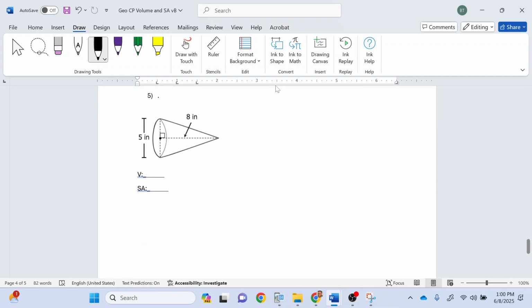Okay, a cone. The cone volume, it's like a pyramid, so 1/3 base times height. So 1/3 times the base, which is pi r squared, times height. So 1/3 times pi. My r is not 5, it's 2.5 in this case, squared, times my height, which is 8.